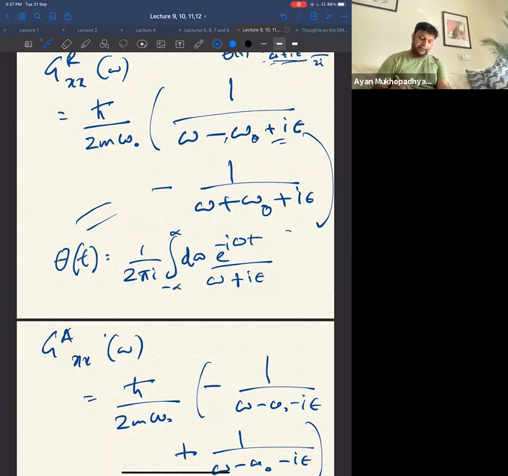For t greater than 0, I should close the contour in the lower half, because imaginary omega has to be negative in order that this is damped at t greater than 0. So I have to close it down, and then I should take this contribution. So this is correct, I think, right?